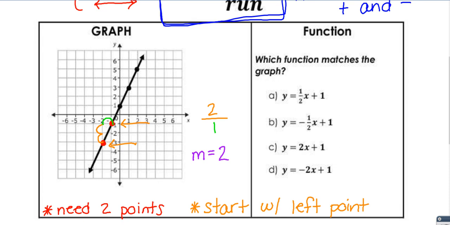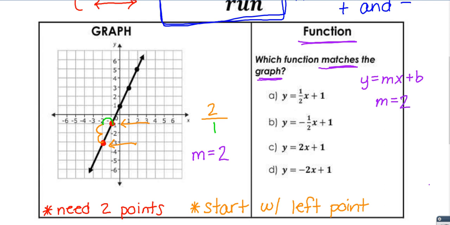So now let's try to figure out what function matches this graph. We know that m is before our x. Our slope is before our x, like we already talked about. So I'm going to rewrite this, y equals mx plus b. And we know that m equals 2.